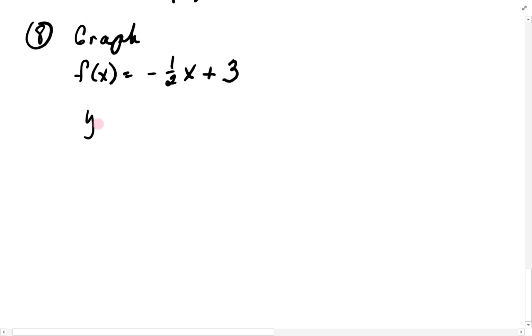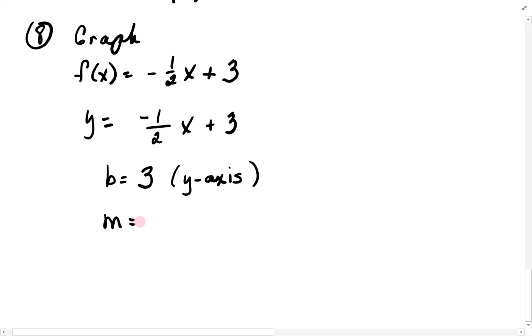All right, y is equal to, when I have a negative fraction, I like to attach the negative sign with the numerator, and that's just my choice. So the b value is 3, and remember it's on the y-axis.